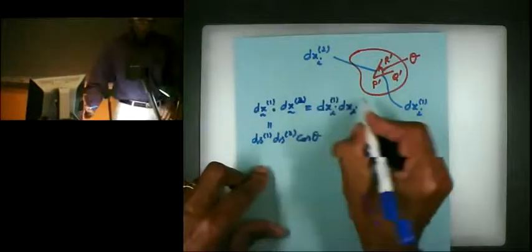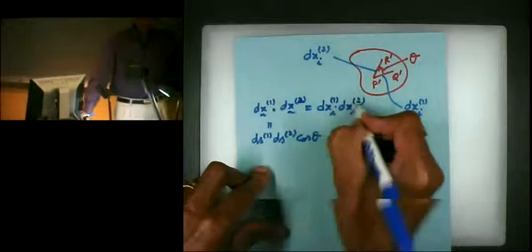So the dot product I can write either as dxi1 dxi2, or I can write as length of vector 1 times length of vector 2 times cosine of the angle between them. So now differentiate both sides with respect to time, because that's what we want to find. We want to find the rate of change of angle.